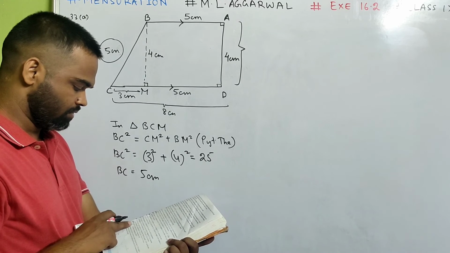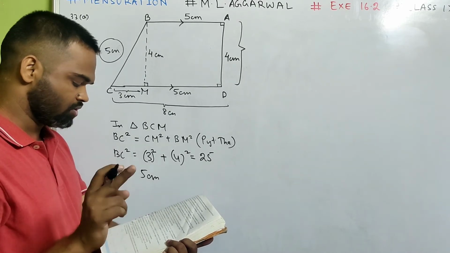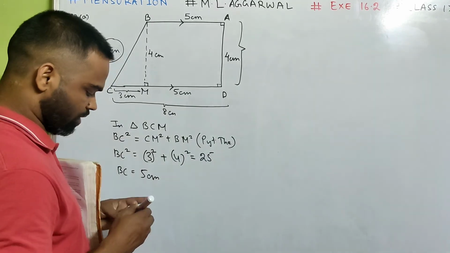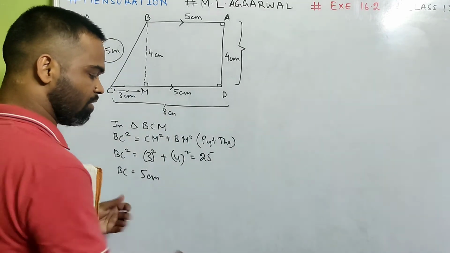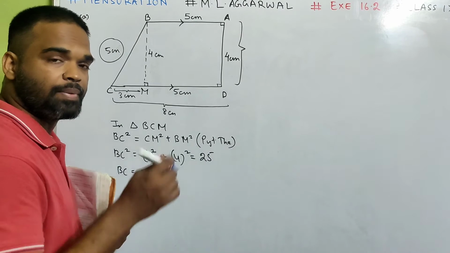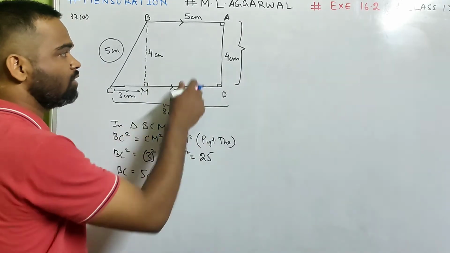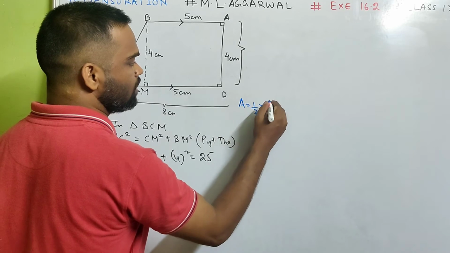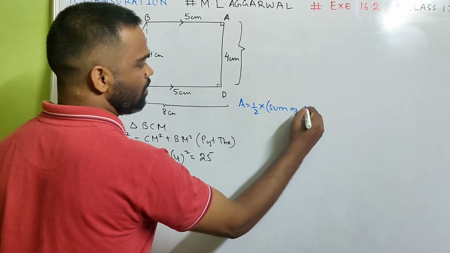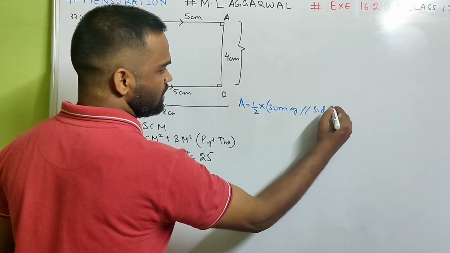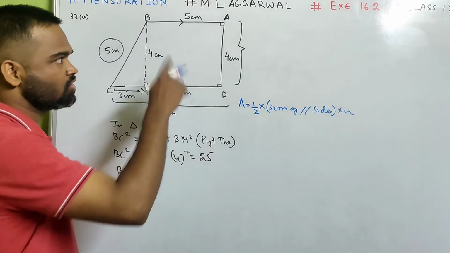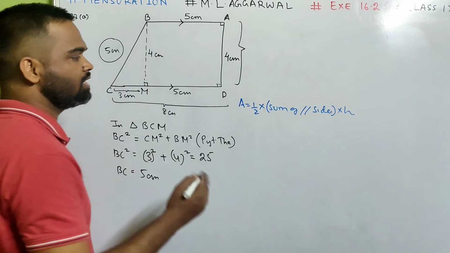Now what they've asked? Find the length of BC and the area of the trapezium. Now we know the formula. Area of trapezium is half into sum of parallel sides into perpendicular distance between them, which means the height over here. Area equals half into sum of parallel sides into height. Okay, the distance between the parallel sides.